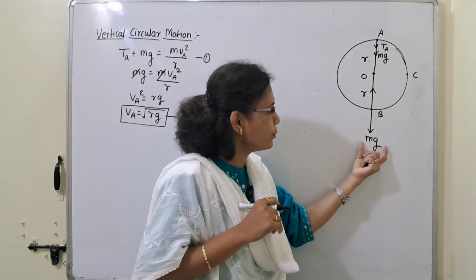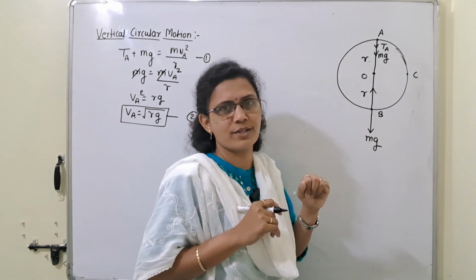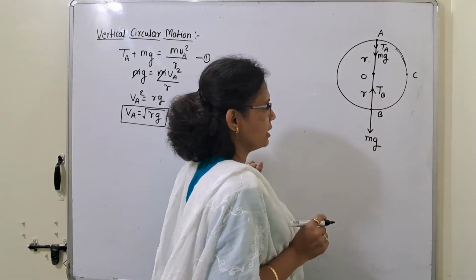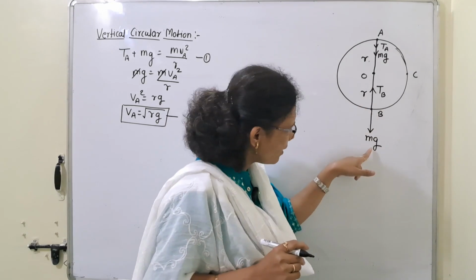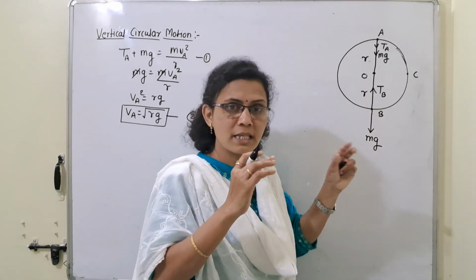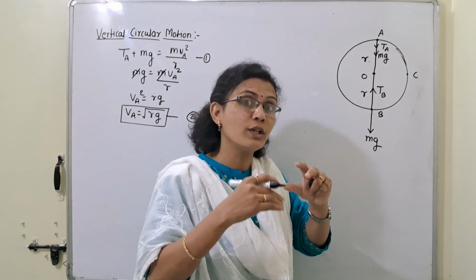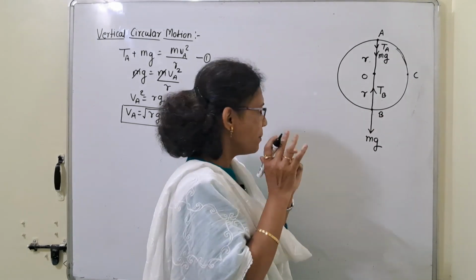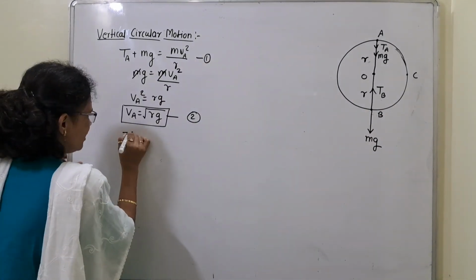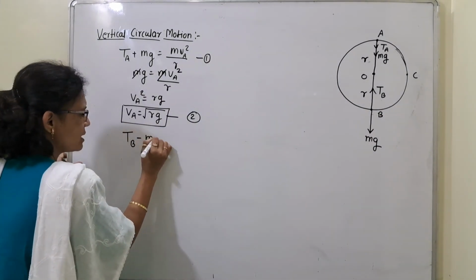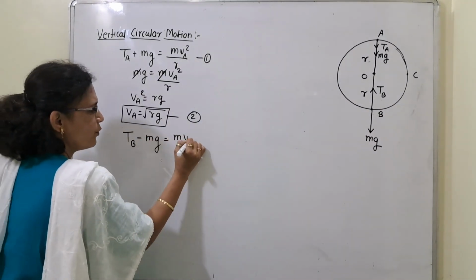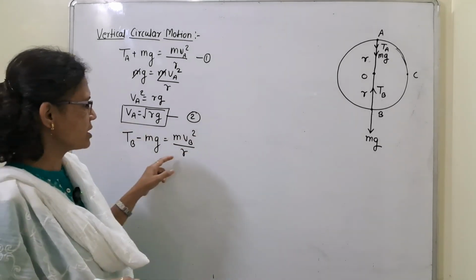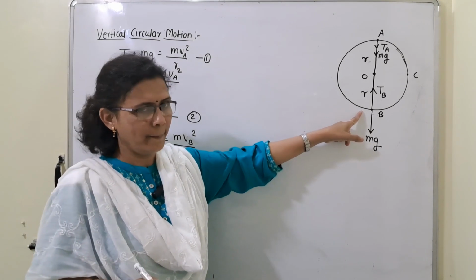It is providing centripetal force for the circular motion. But this weight force mg is opposing that force. This tension TB in the string is opposed by this weight force mg. So the subtraction of these two forces will give the centripetal force required for the circular motion. So what can I write? I can write TB minus mg is equal to mvb square upon r. Velocity I have taken as vb.